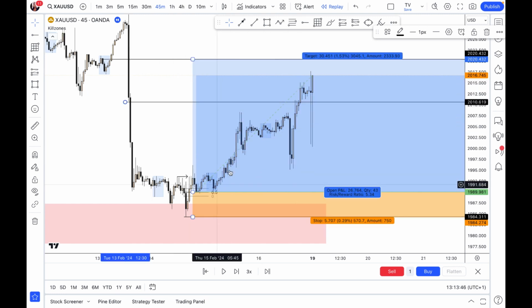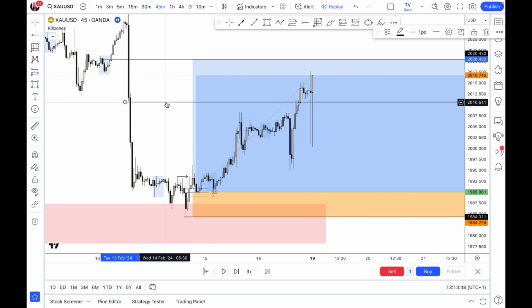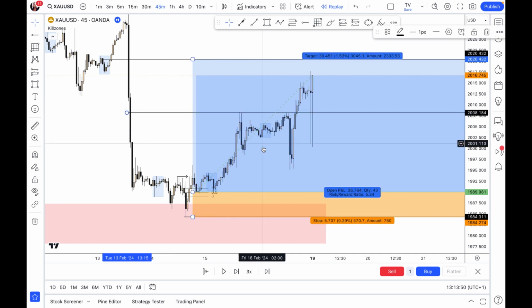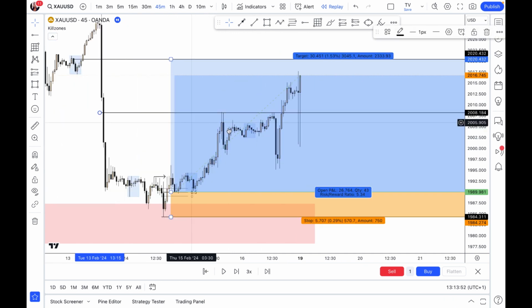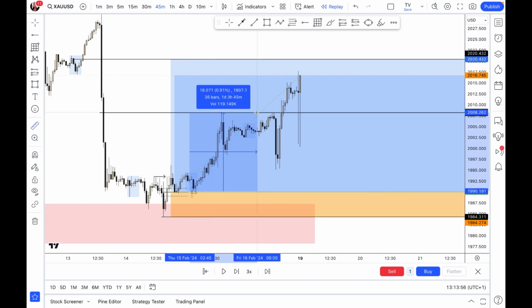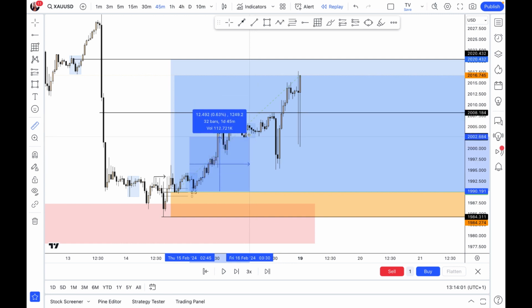So as you can see, on this particular day, when price moved up, before price started dropping down, you could have exited your trade. This is over 180 pips.